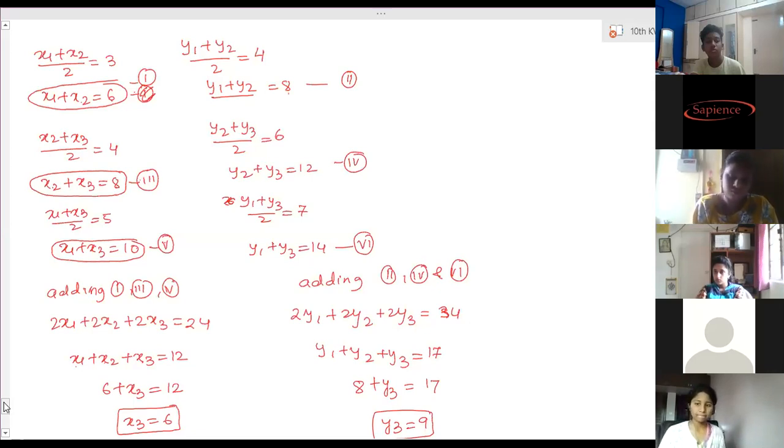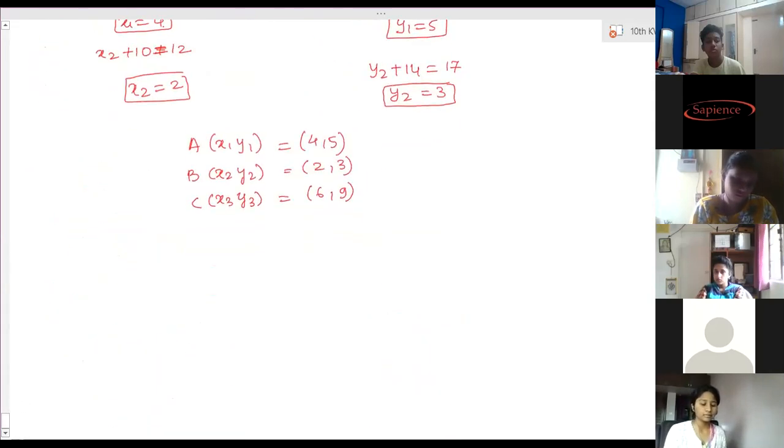Okay. If this is done, then one more important part is there. That is centroid. So what do you mean by centroid of the triangle?